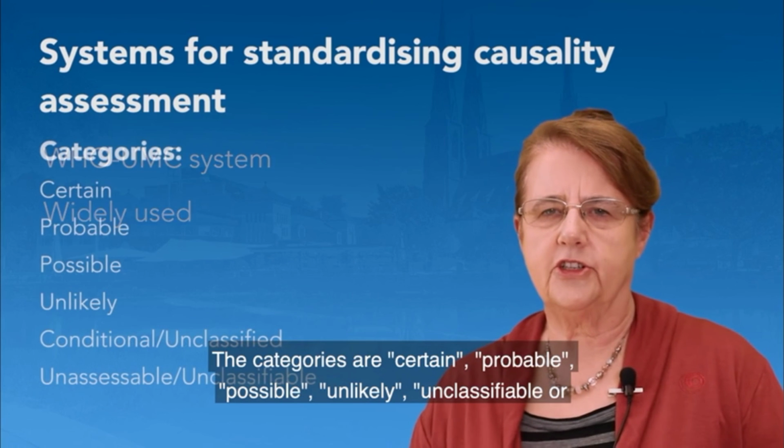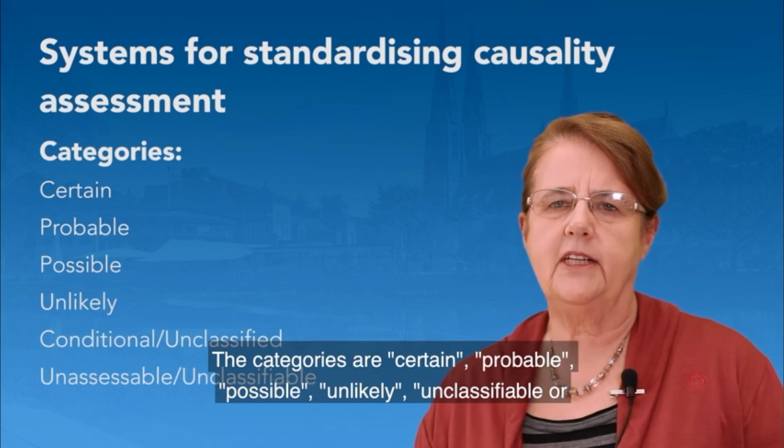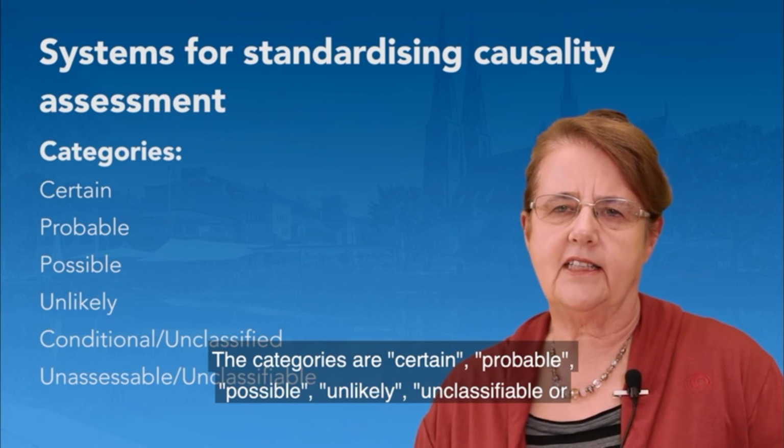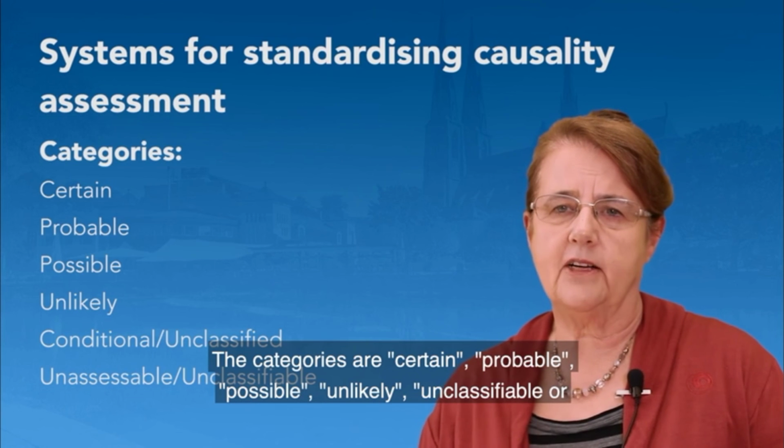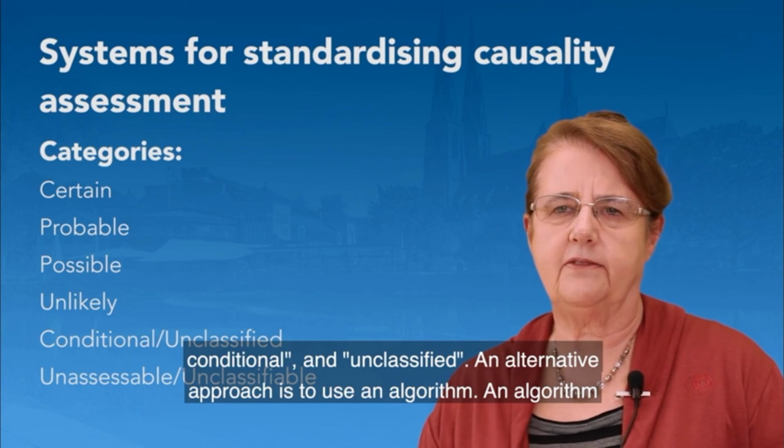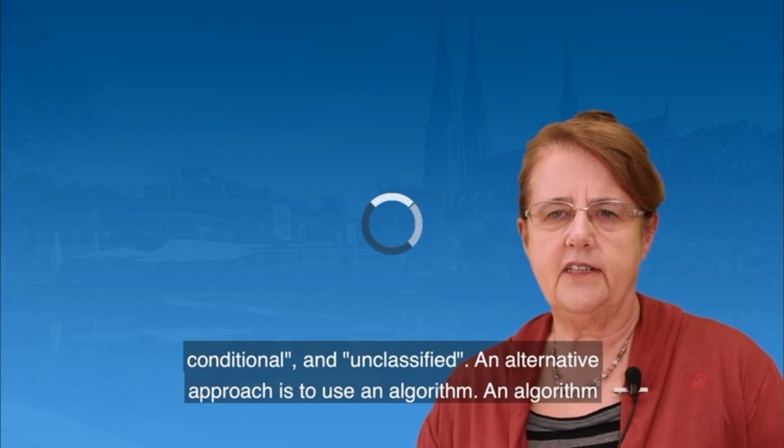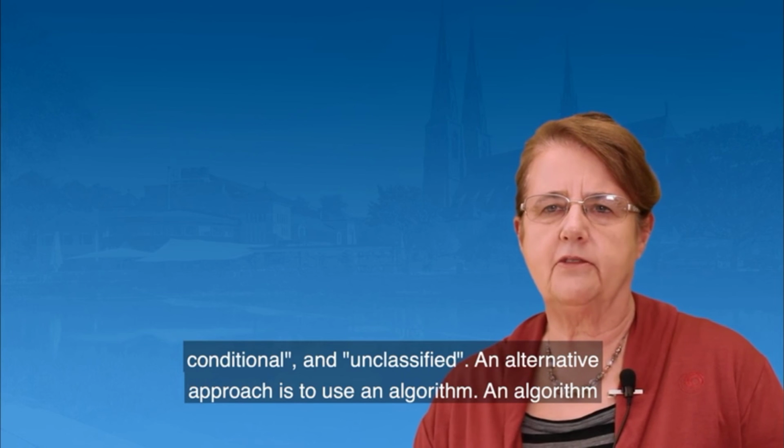Categories are certain, probable, possible, unlikely, conditional or unclassified, and unassessable or unclassifiable. An alternative approach is to use an algorithm.